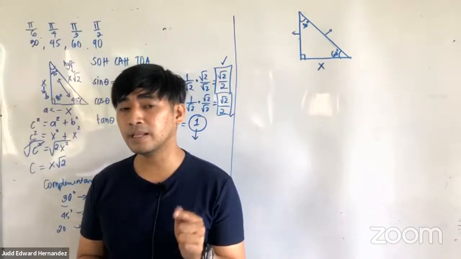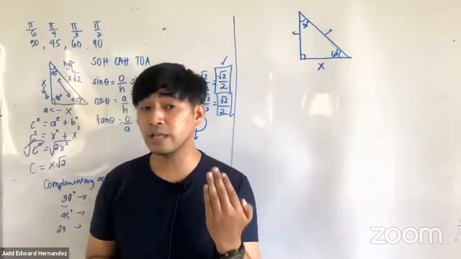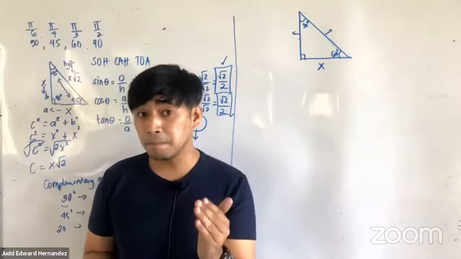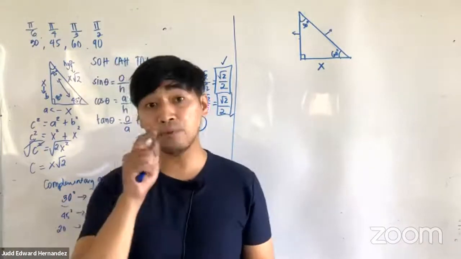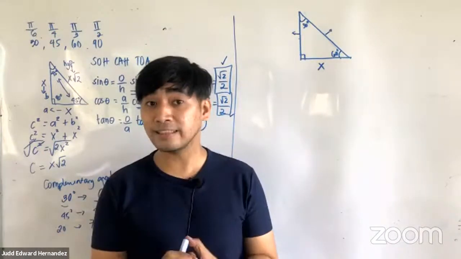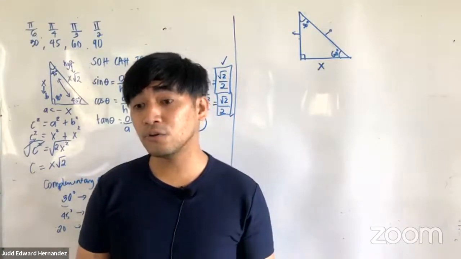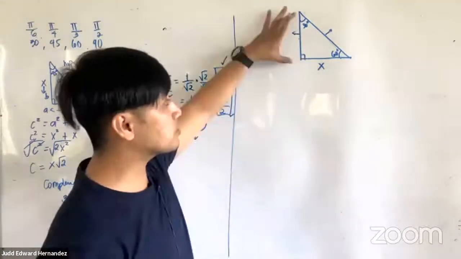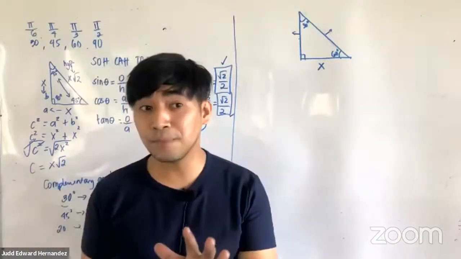So dapat kung maglalagay pa tayo ng isang triangle dito sa given natin, they should have the same angle and the same side. Okay, I will just draw an imaginary triangle para alam natin ngayon kung ano yung magiging value nitong side na to at nitong side na to. Okay, so ganun po yung pag-analyze.